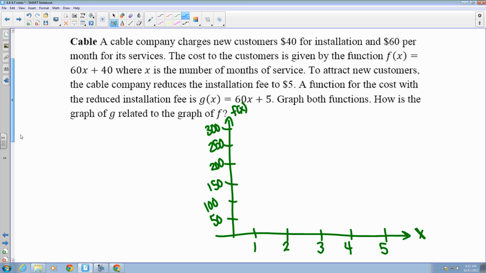Okay, so our f of x function, we'll do in blue, it's 60x plus 40. So we start at 40, and then we go up 60 over 1. This is f. And g, I have red, starts at 5 for our y-intercept this time, goes up 60 over 1.